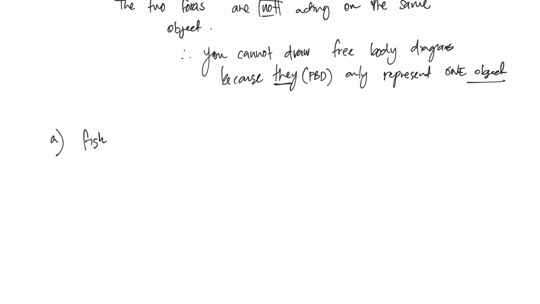a fish moving through water. Right? I have a fish moving through water. Now how that happens is, that fish needs to move parts of its body. So let's say, sorry, this is my sad attempt at a fish.